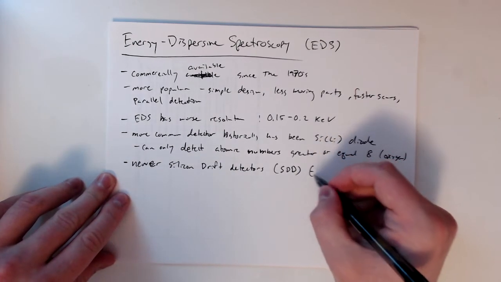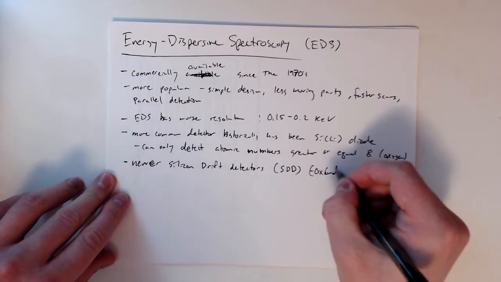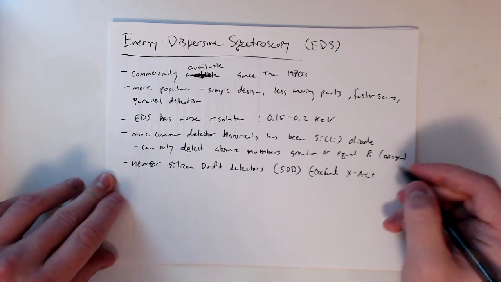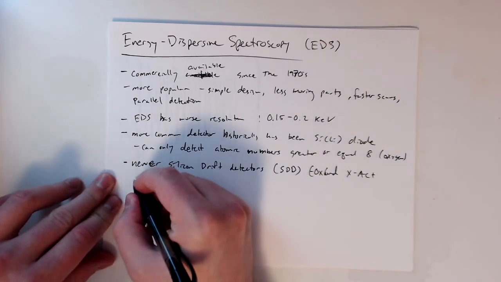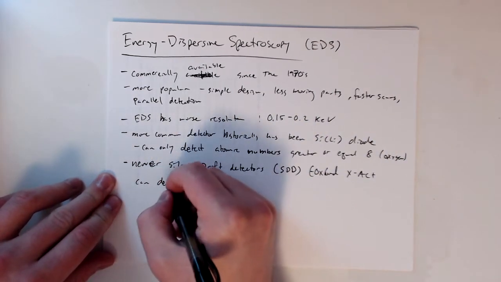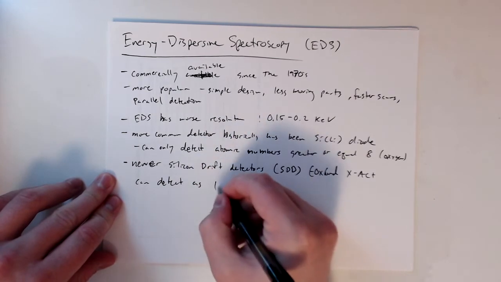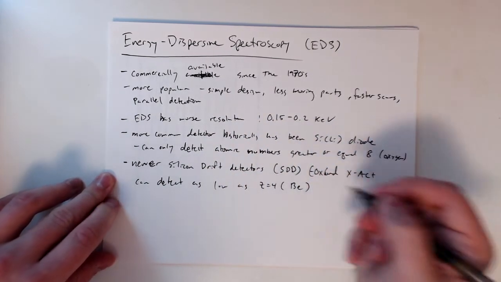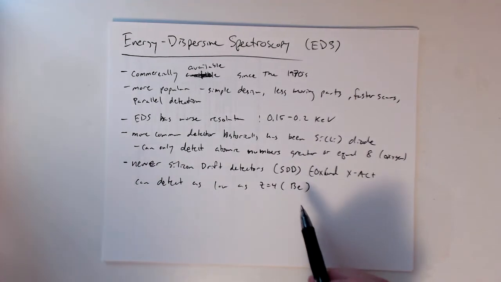So an example there is the Oxford X-ACT. And so this has been shown to detect as low as 4, which would be beryllium. So there's newer detectors out there that can go much lower than previously thought.